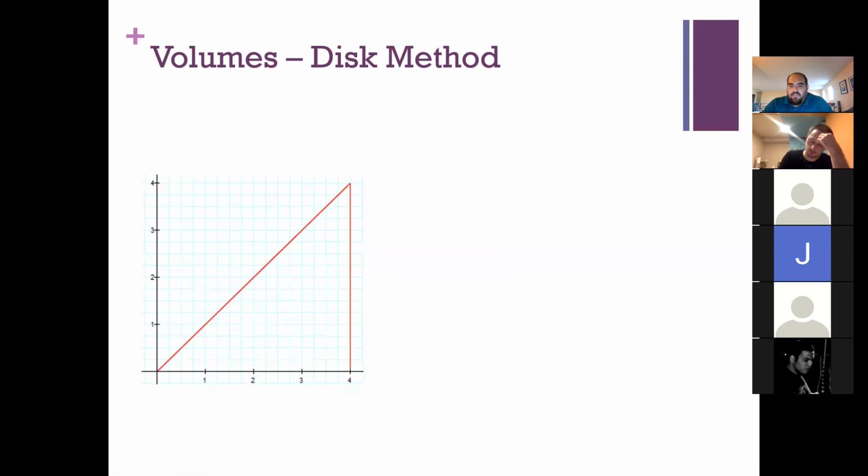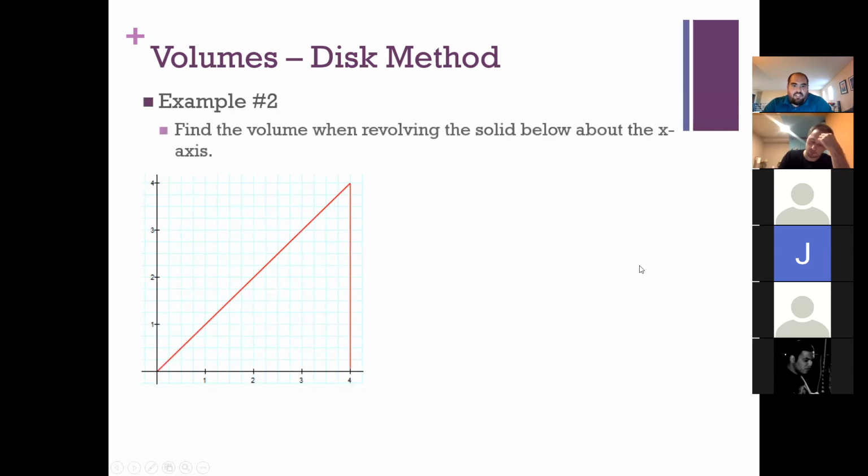All right, so let's look at another relatively simple function here. Still want to revolve this thing around the x-axis, so still integrating from a to b of pi times radius squared times height.